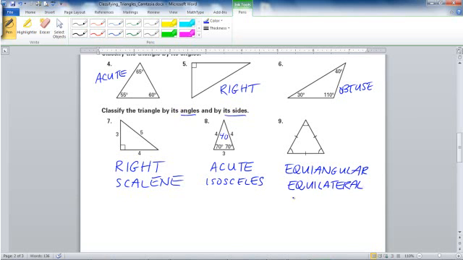This can also be known as acute because my angle measures are all less than 90 degrees, which is acute.